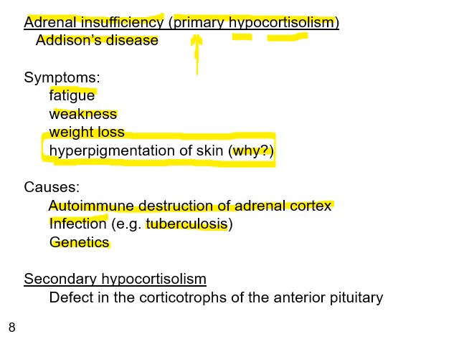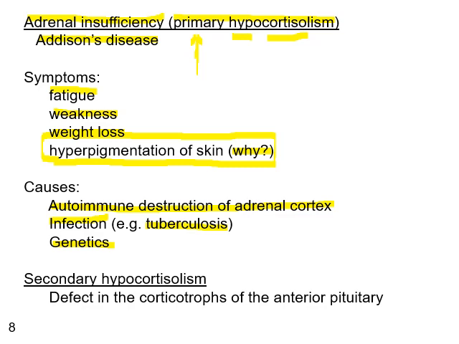And there are genetic forms of primary hypocortisolism, genetic defects that cause the cells of the adrenal cortex to produce insufficient cortisol. Enzyme defects in the enzymatic pathways that lead to cortisol production.